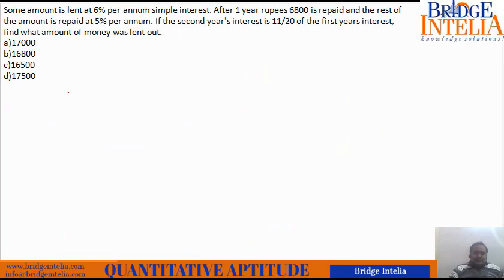So now let's see this one. Some amount is lent at 6% per annum simple interest. After 1 year, rupees 6,800 is repaid and the rest of the amount is repaid at 5% per annum.